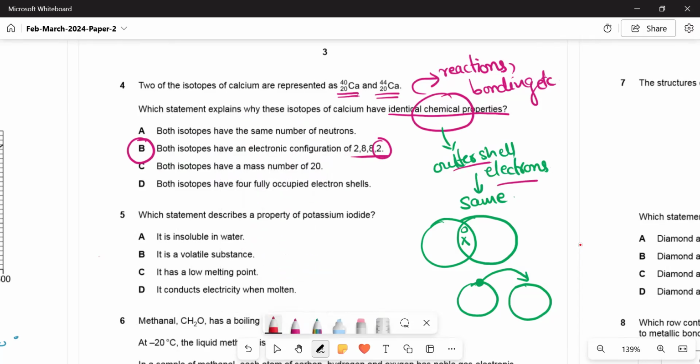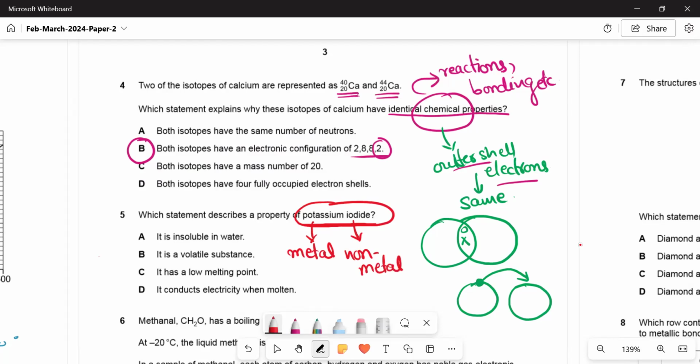Question number 5 is which statement describes a property of potassium iodide? For this type of question, first we have to see whether this compound is covalent or ionic. Potassium is a metal and iodine is a non-metal.